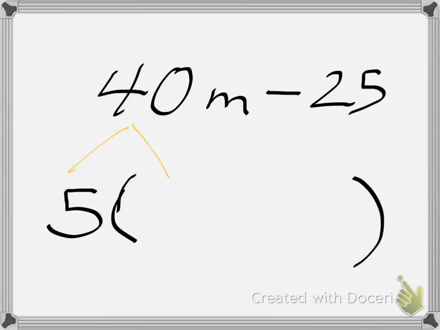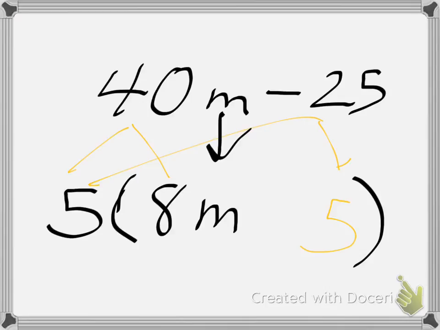So 40 is 8 times 5. Then 25 is 5 times 5. And then, of course, the m falls down and the minus falls down. So for two factors, we just do a factor tree for our two numbers, and everything else falls into place.